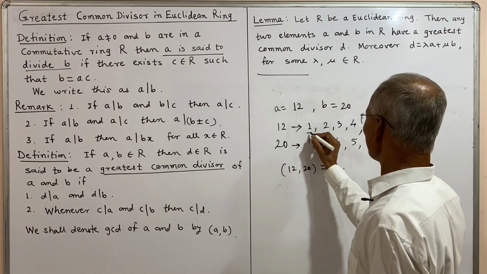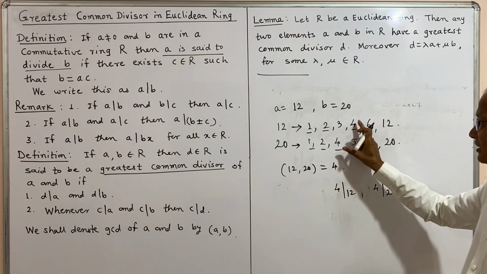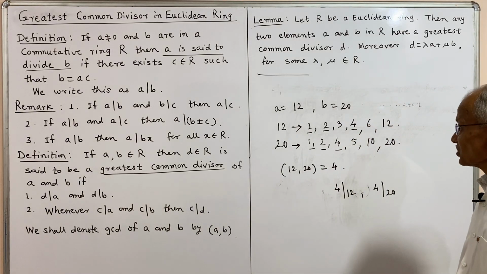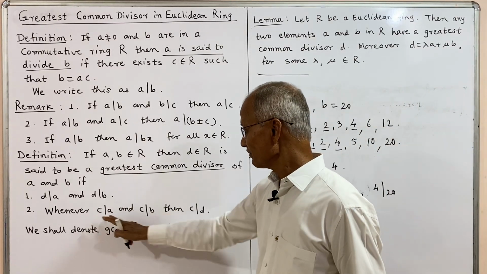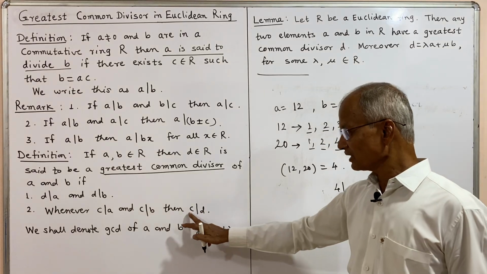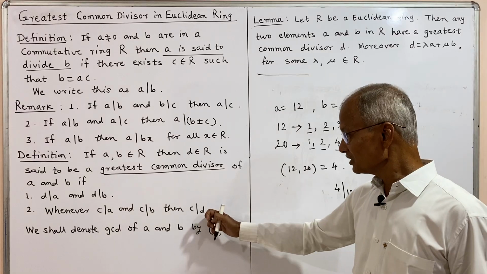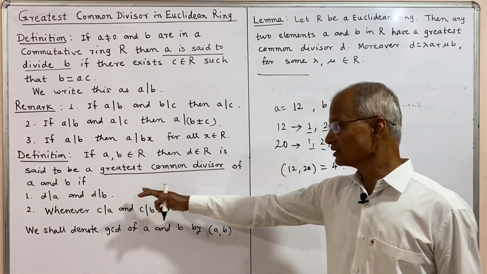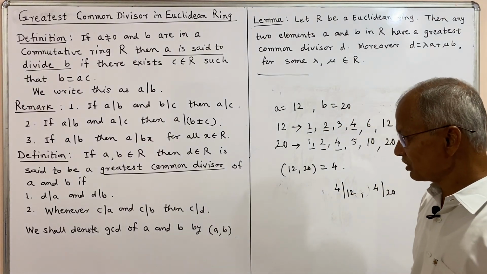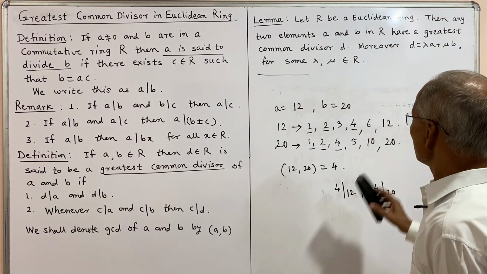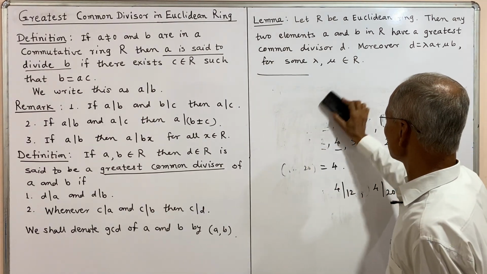The common divisors are 1, 2, 4, and among these 4 is the greatest. So here 2 is a divisor, but 2 divides 4. C is a common divisor, and that common divisor divides the greatest common divisor. So that's why D becomes greatest. So this is the condition for greatest, and this is the condition for common divisor. And next we write the greatest common divisor by this symbol. So this is the definition for greatest common divisor.